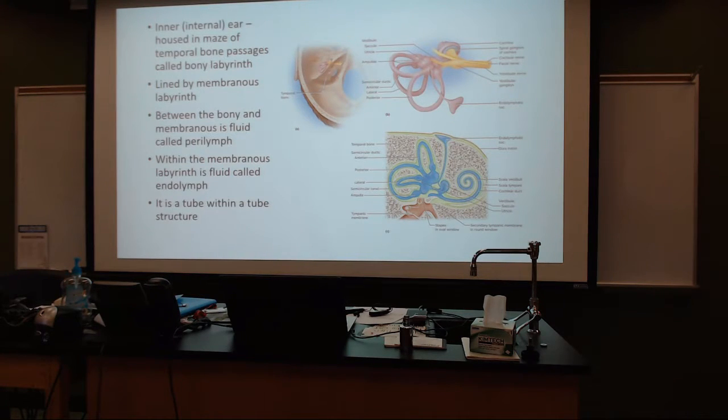We're going to have what's termed perilymph. Lymph means fluid. We're going to come across that again once we get to our immune system, but lymph lets us know that there's fluid present.